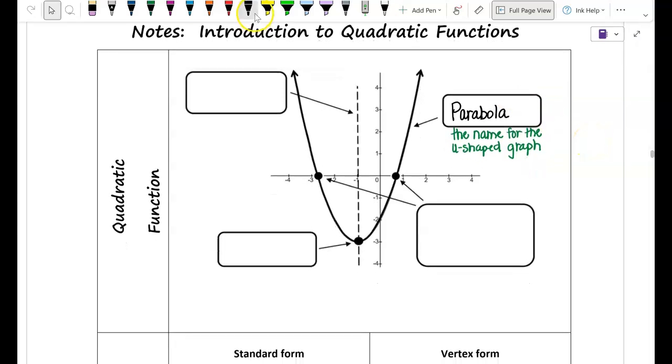Another term we talked about yesterday was vertex. And we said, well, the vertex was either that highest or lowest point of that parabola. It is called an absolute minimum when at the bottom of the graph.